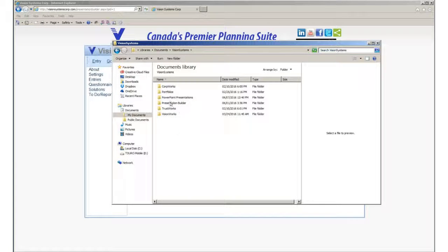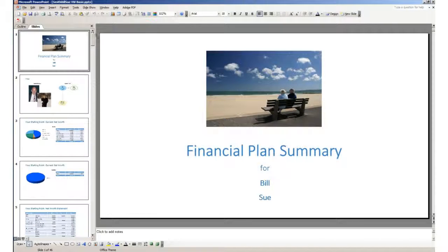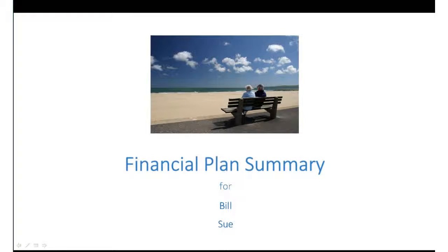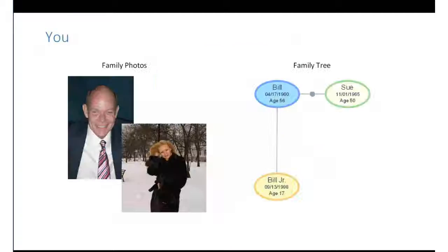This is the default location for PowerPoint presentations. And you can see our templates, but you can also see that I ran a template and just saved it as a PowerPoint file, so I didn't have to assemble it in front of the client. I just wanted to save it, and I could bring it up.